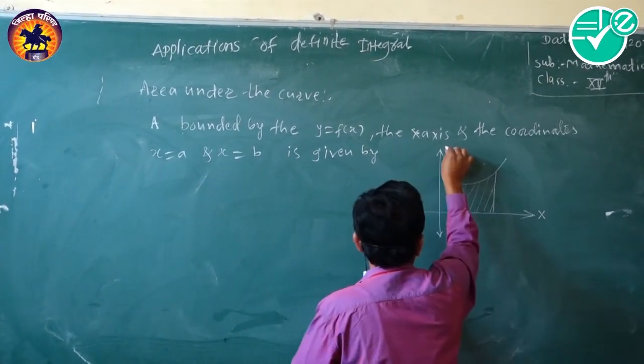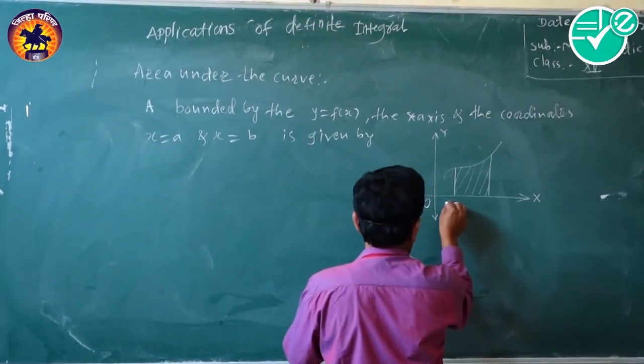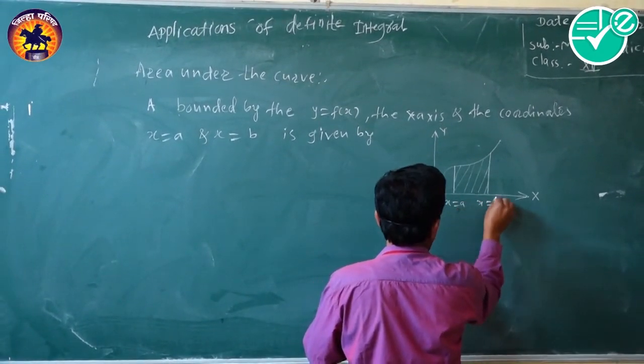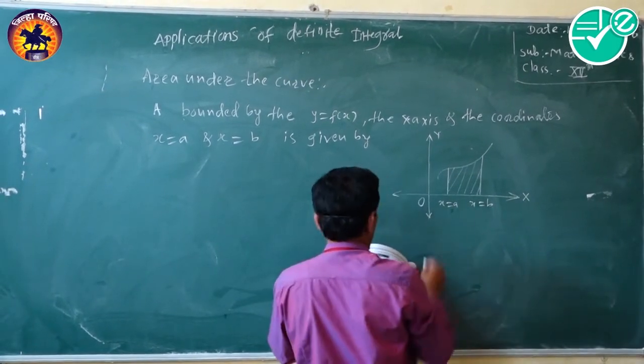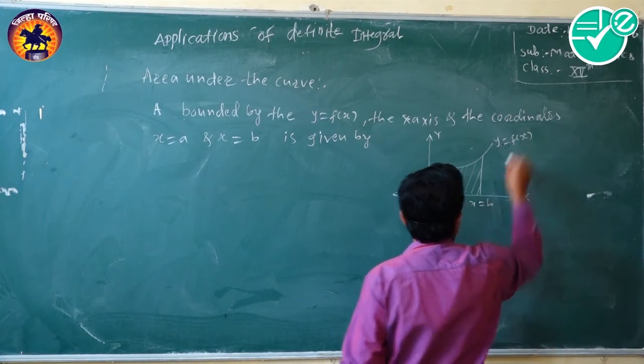This is the x-axis, y-axis, origin. Now this is x is equal to a and x is equal to b. Now this is y is equal to f of x.